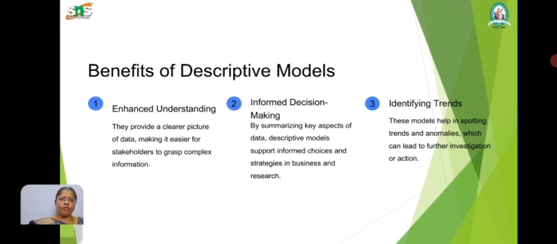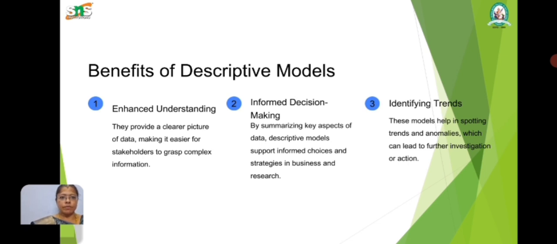What are the benefits? Why should I use this model to perform the task? It provides a clear picture of data, making it easier for the stakeholders to grasp complex information. Everyone needs 100% accuracy, and the users and stakeholders expect that 100% result. So for that we should use this type of model.